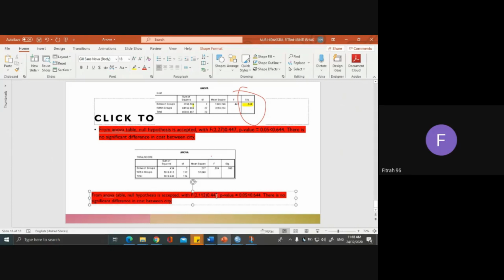And then dia punya F value adalah 0.04 and your punya p value adalah 0.996. There is no significant difference in score between class of student.